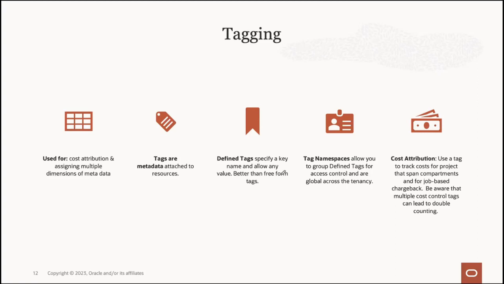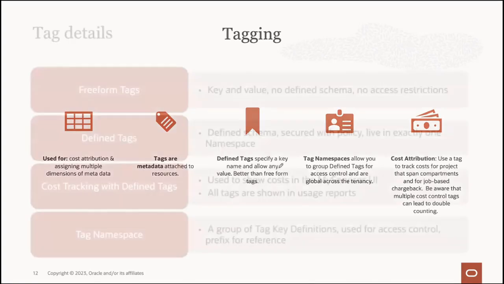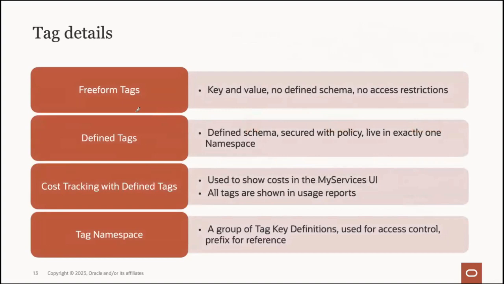So you can actually enforce tagging in a compartment or in a tenancy, and basically say, I want to know what is created and when it was created, and you also want to enforce what environment this is for. Is this dev? Is this prod? Or cost tracking? Who does it need to be charged to at the end of the day for the application? So that's a lot of what tagging is going to be helpful for.